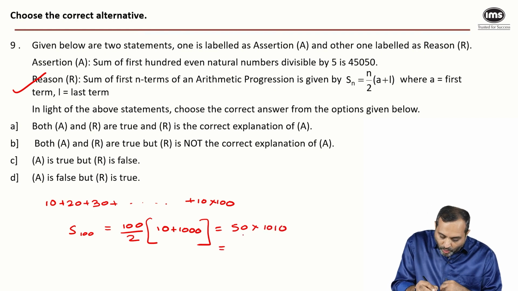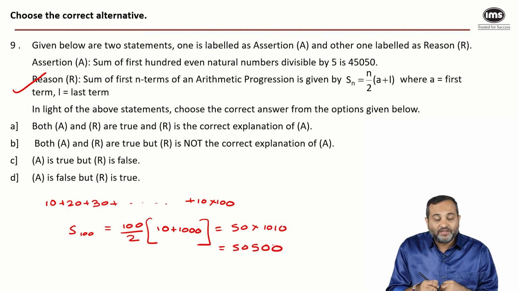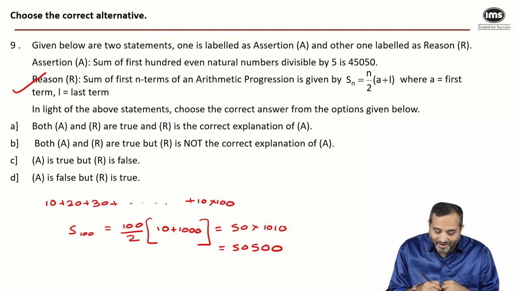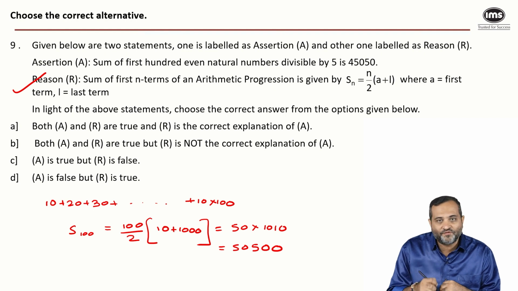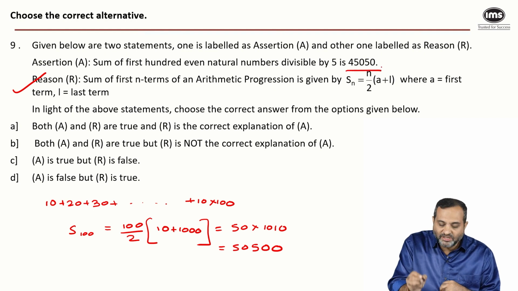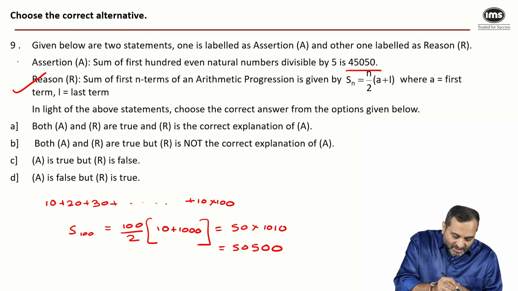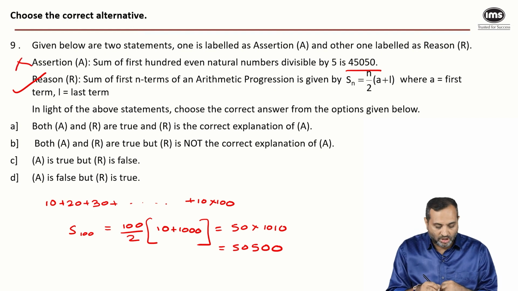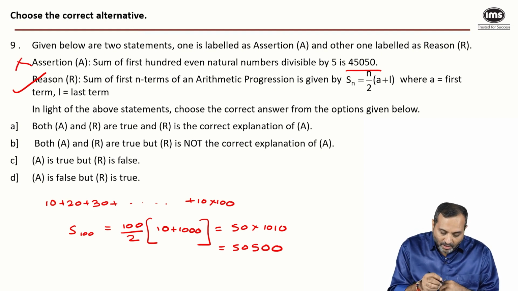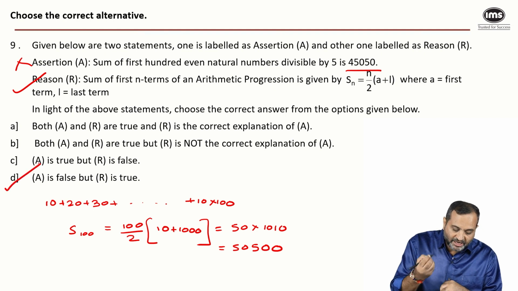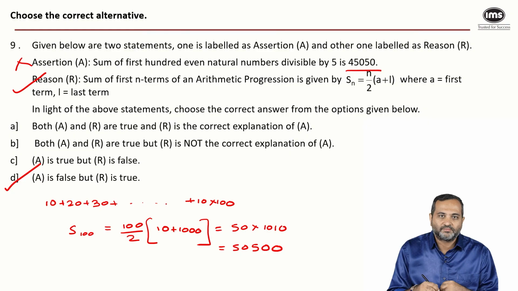What is 50 into 1010? 50500. That means the sum of first 100 terms has to be 50,500. Is it 45050? No. That means my assertion is wrong. So which option will you mark? A is false but R is true. So option D is the answer.